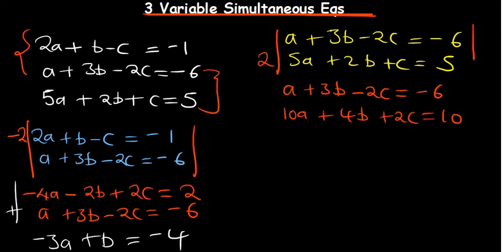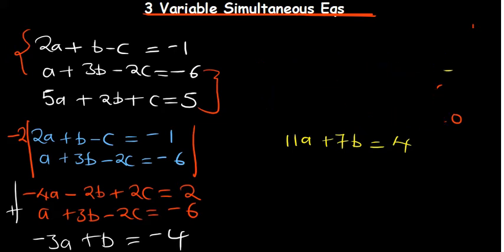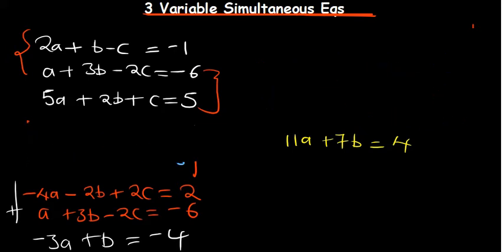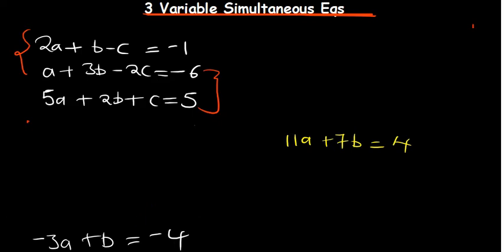And then at this point we can now just add a plus 10 is 11a, 3b plus 4b is 7b, -2c plus 2c is a 0, -6 plus 10 is a 4. So we now have two simultaneous equations. So for elimination method, I don't need to keep any of these, just eliminate them all. They are not important. Well, on your paper, if you've written that, you're still going to have your information, which is still fine.